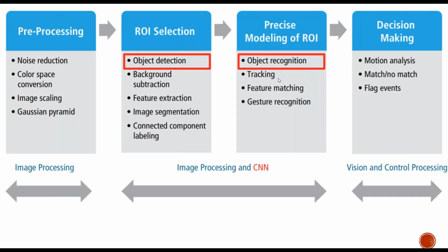Yeah, and also finally the decision making. In this case, it consists of 4 stages. It pre-processes the image. ROI means regions of interest. What are the regions? If you are focusing on a cow image or a parrot image, you will be concentrating on the pattern of the beak.